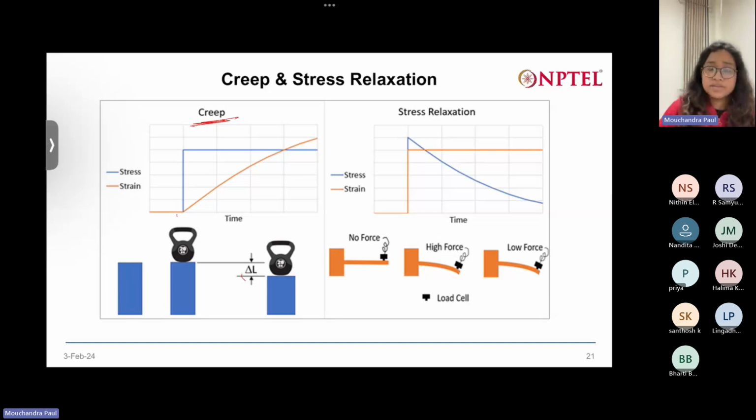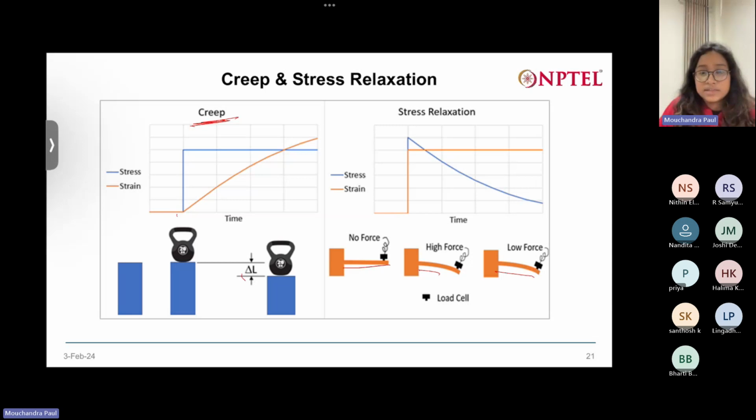What happens in stress relaxation? You are given a piece of polymer and you have fixed it, and you observe that the strain is not changing. The length of the polymer is the same, but the amount of stress generated in it over time is decreasing exponentially.